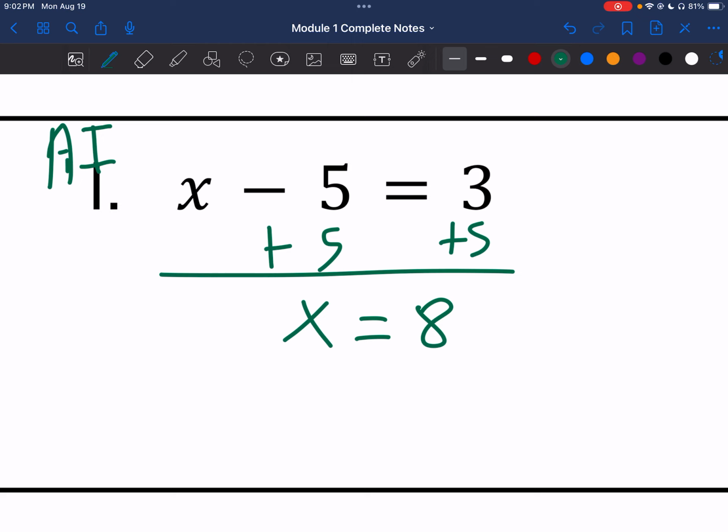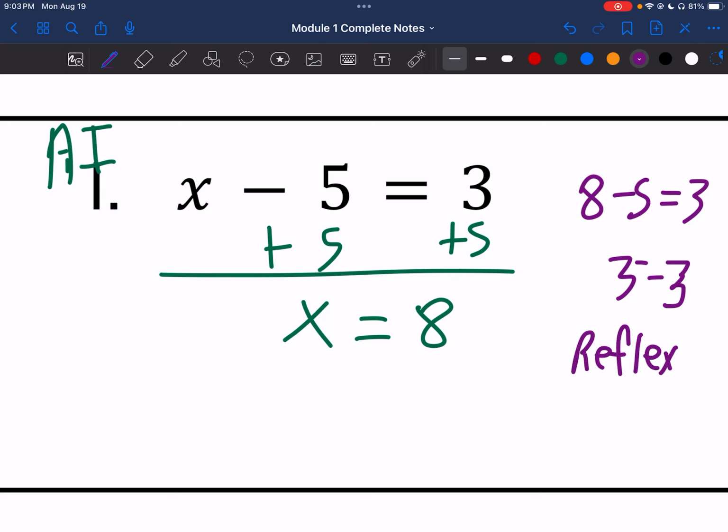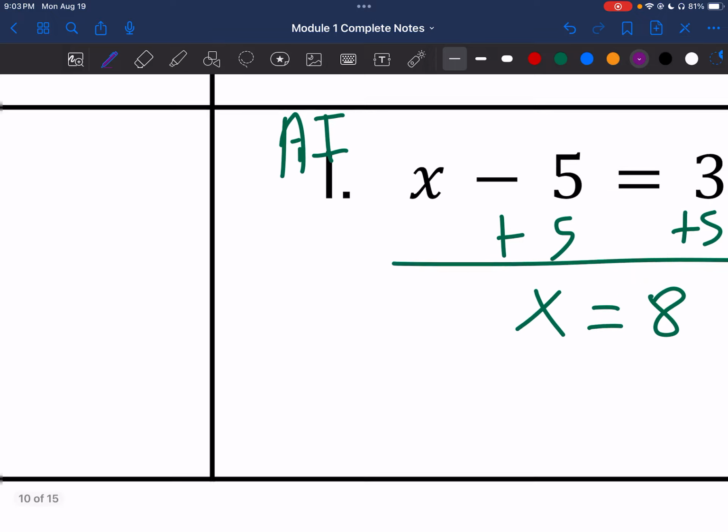And if we go back and check our answer, 8 minus 5 is 3, and that is true, right? So we can even use that other property. 8 minus 5 equals 3, so that means 3 equals 3. So by the reflexive property, we know that this is true. Okay, so that was using two different properties there to justify our solution.